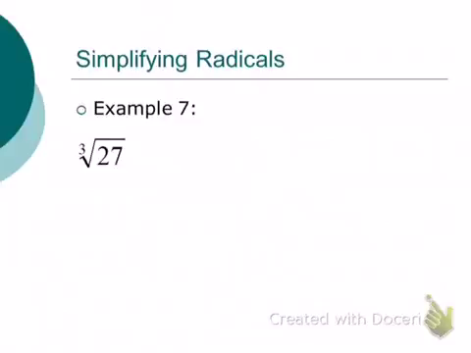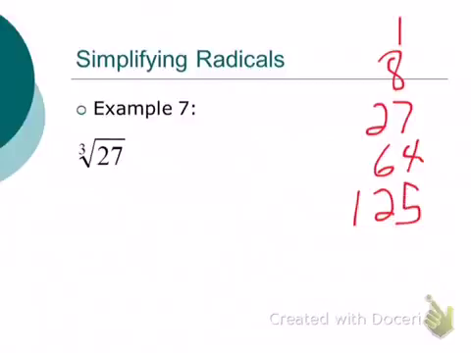What's the cube root of 27? 3. All right? Let's talk about cubes. You ought to know your perfect cubes at least through 6 or 7. 1 cubed is 1. 2 cubed is 8. 3 cubed is 27. 4 cubed is 64. 5 cubed is 125. 6 cubed is 216. 7 cubed is 343.